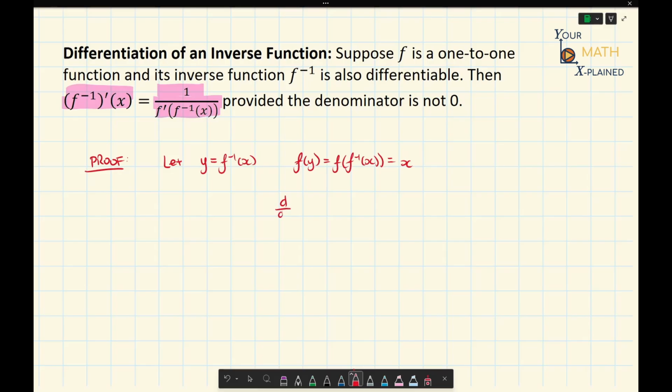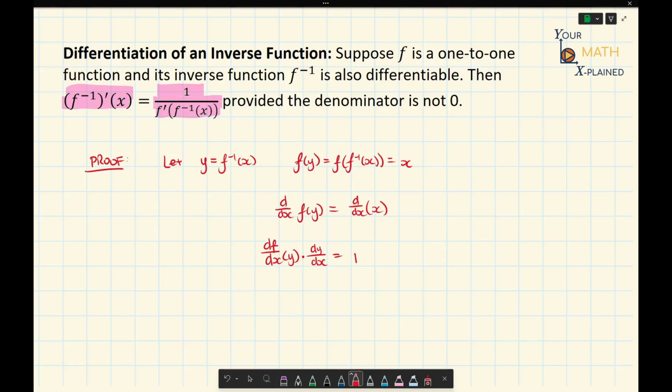So we go d by dx of f of y is equal to d by dx of x. Now the left-hand side, we're going to get df by dx of y, and then chain rule says we need to multiply this by dy dx, and then the right-hand side is just going to be 1.